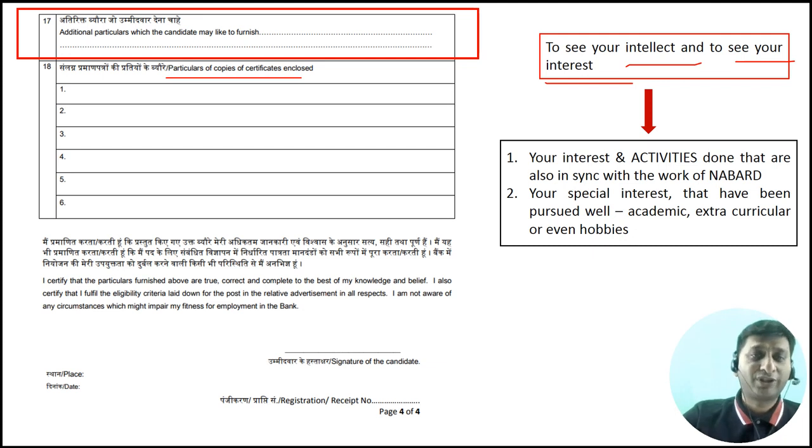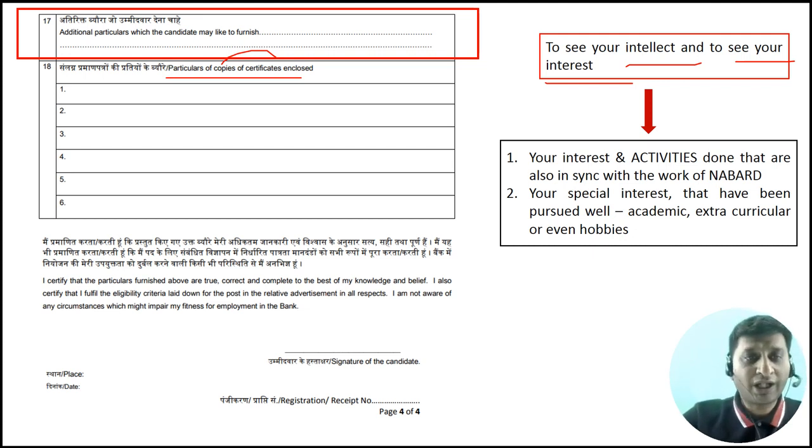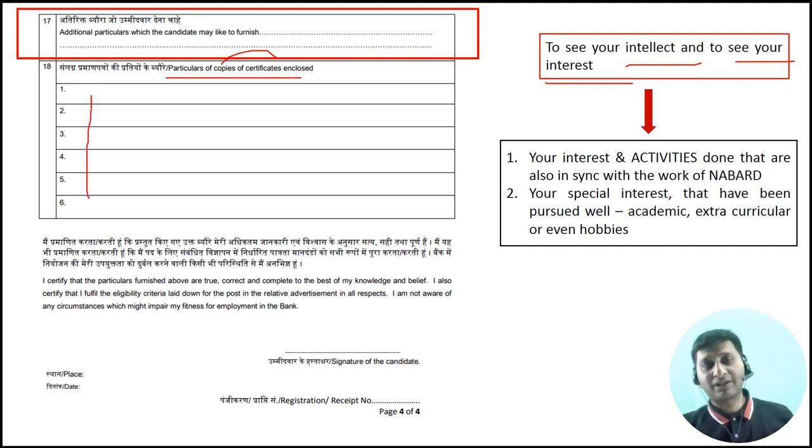And then, particulars of copies enclosed. So here you would have to mention copies of certificates enclosed. You might have enclosed your caste certificates, your educational certificates for 10th, 12th, graduation, your experience certificates. So mention all that in a particular order as they came in your biodata form, and do not mention the biodata form.